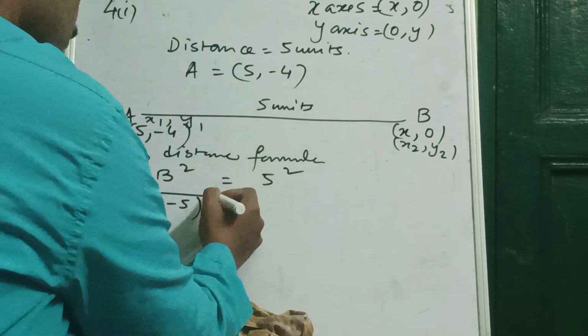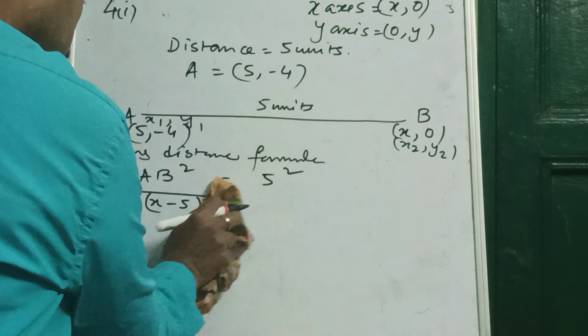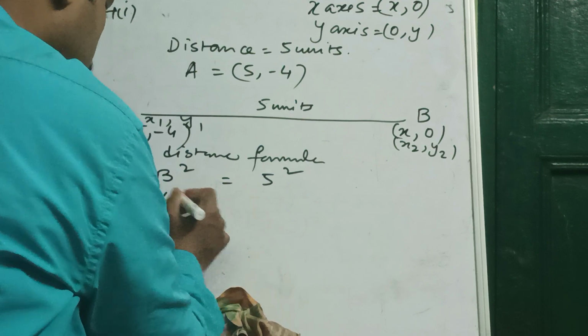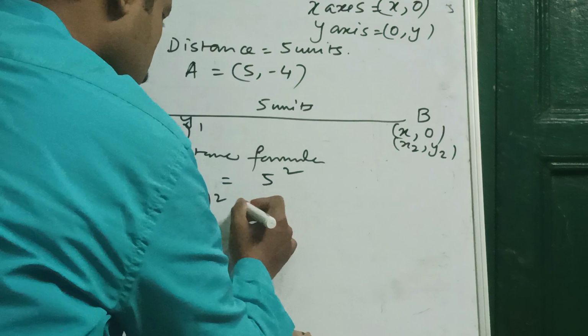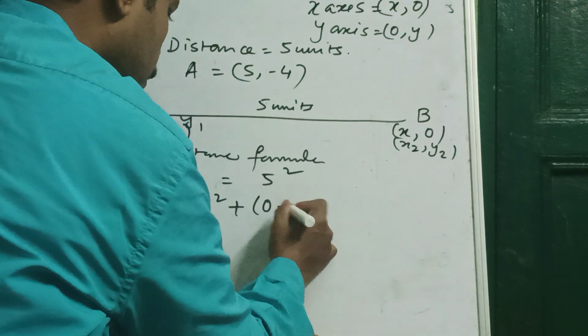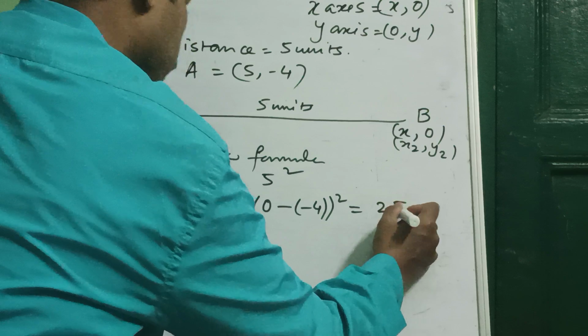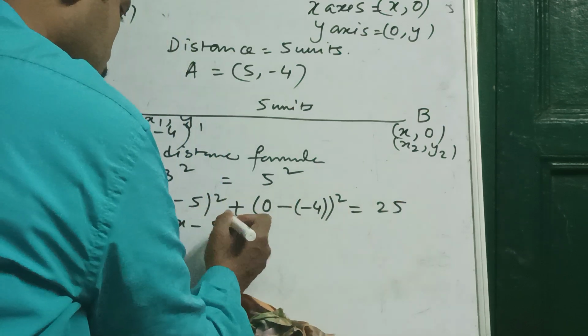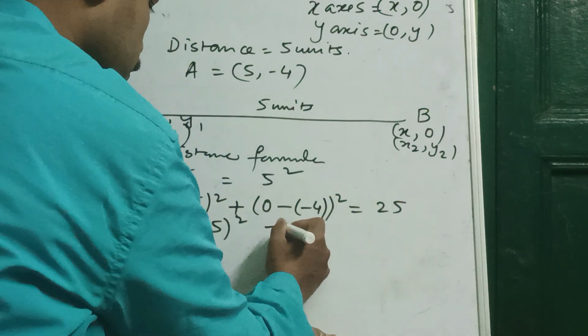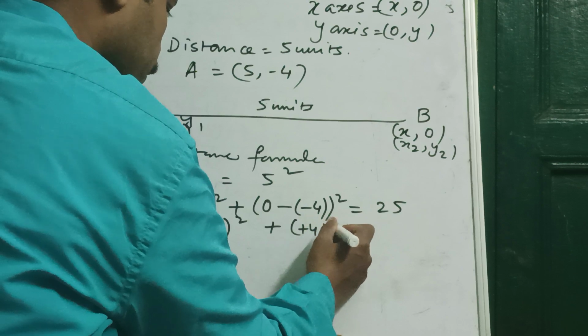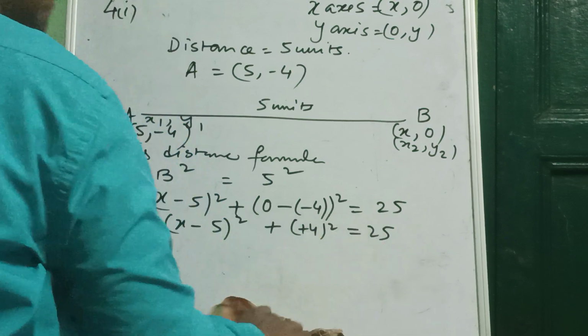So squaring on both sides, x minus 5 whole square plus 0 minus minus 4 whole square equals 25. Now we get x minus 5 whole square plus 4 whole square equals 25.